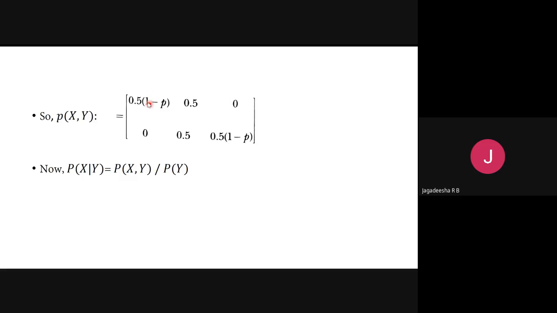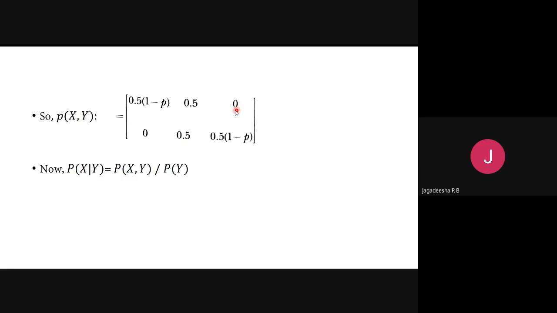If you write this matrix, and if you want to divide this by P of Y, we will be dividing every column by Y1, Y2, or Y3. So that means this one divided by Y1, 0 divided by Y1, 0.5 divided by Y2, 0.5 divided by Y2.